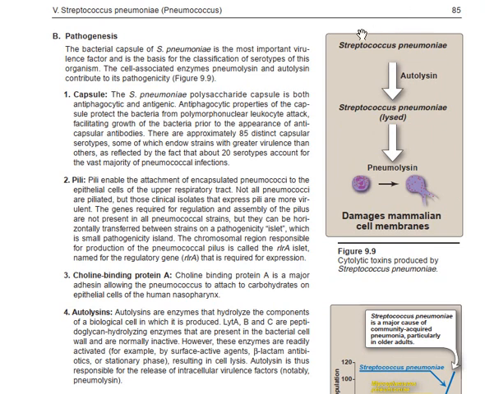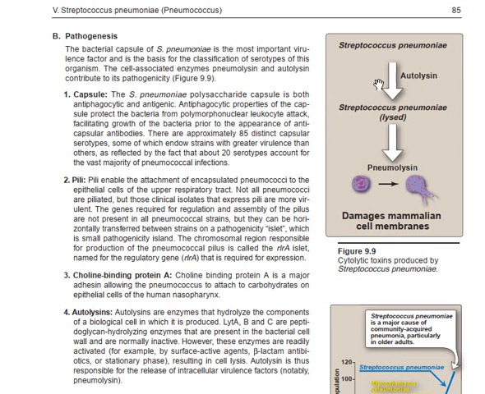You need to know that Streptococcus pneumoniae has an exotoxin called autolysin. It releases that exotoxin, and that exotoxin results in the destruction of the Streptococcus pneumoniae. Is it clear? The destruction of the Streptococcus pneumoniae now causes the release of the toxin that was found inside it.